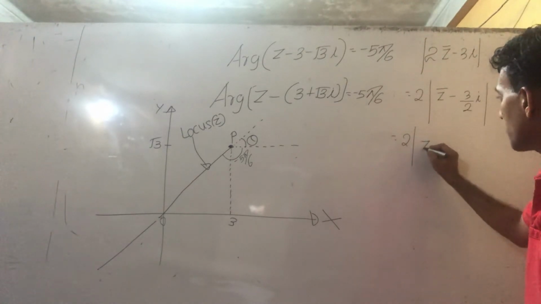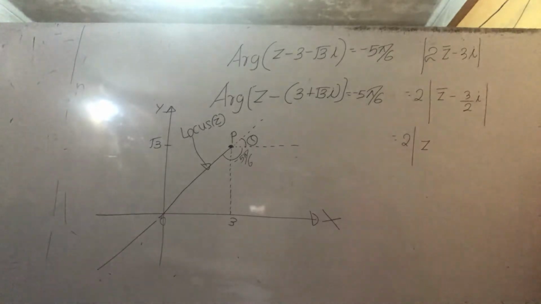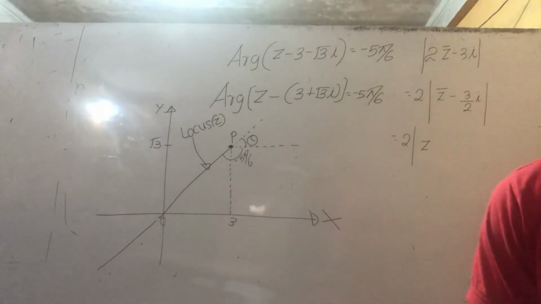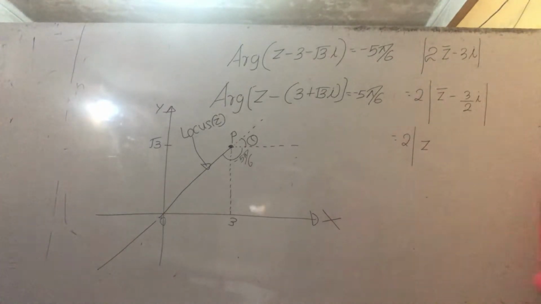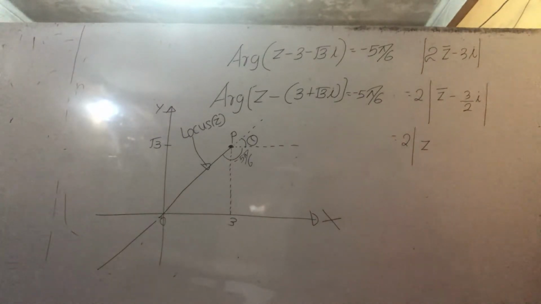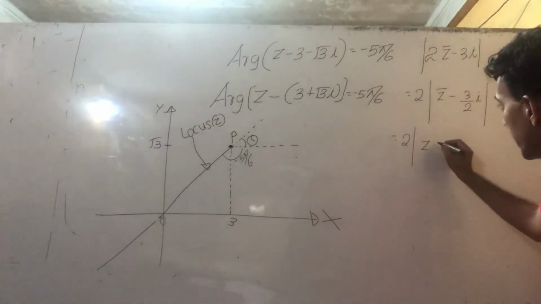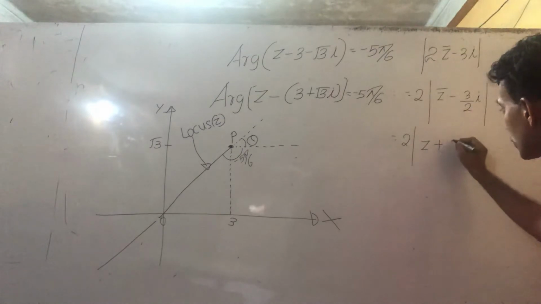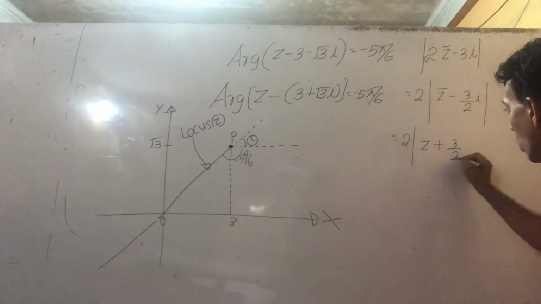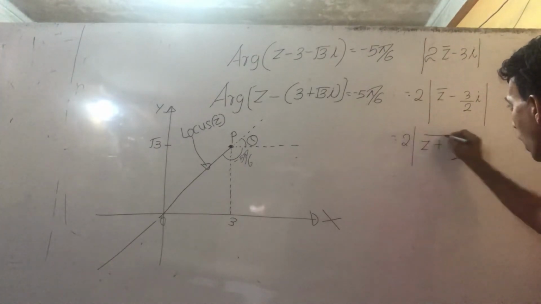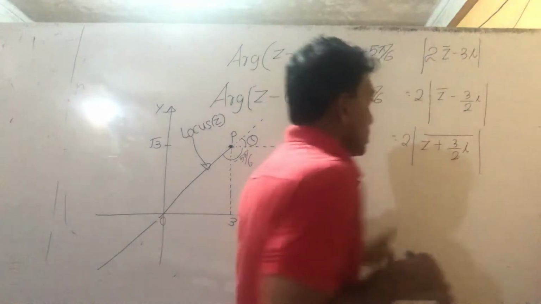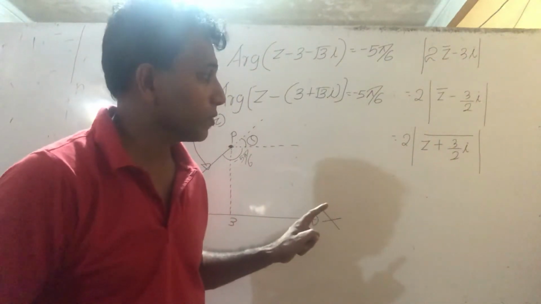If you know the complex number modulus theories, I can rearrange this as 2 times |z plus 3 over 2i|, all under a bar.